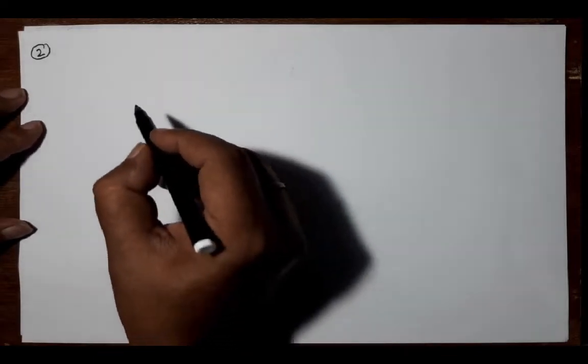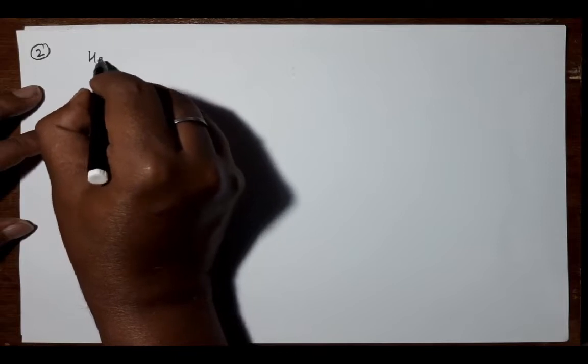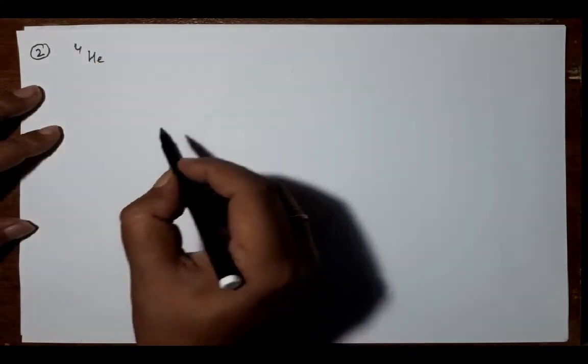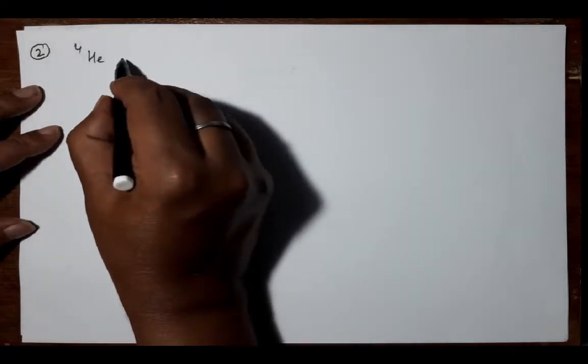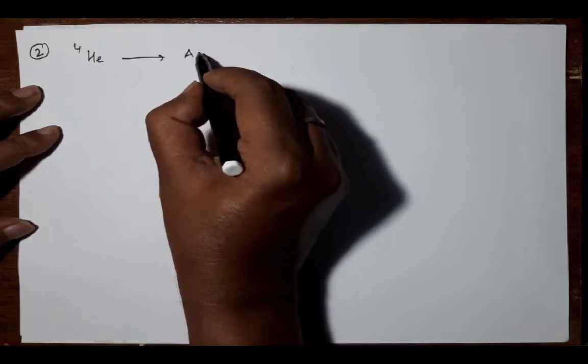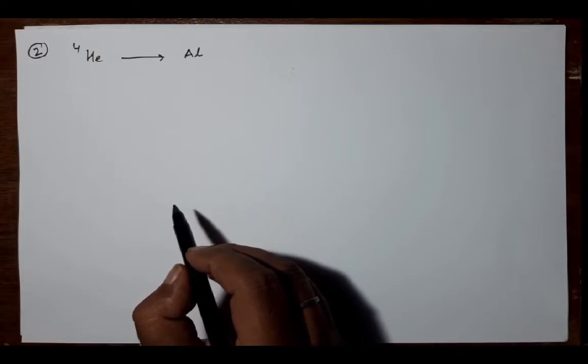Now the previous question is a little bit modified. Here we will take an alpha particle, that is helium, and another nucleus is aluminum.